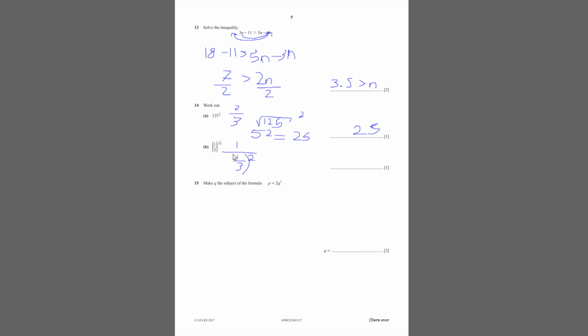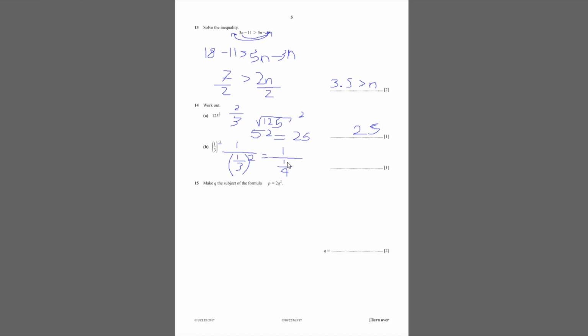Remember to always include brackets. Then we square 1/3. So that gives us 1 over 9, as 3 squared is 9, and 1 squared is 1.